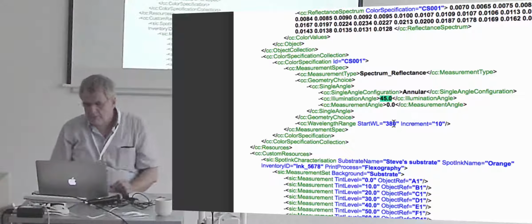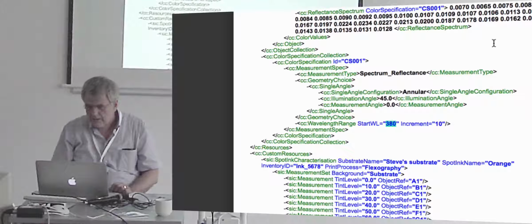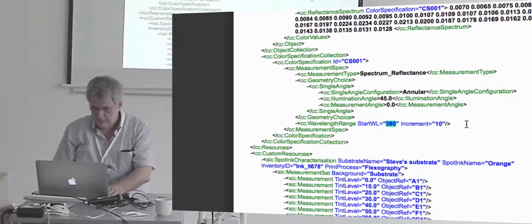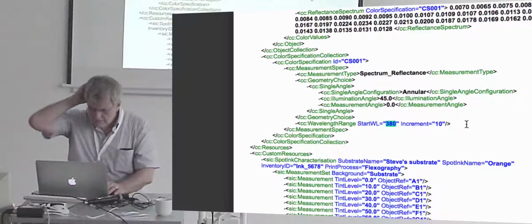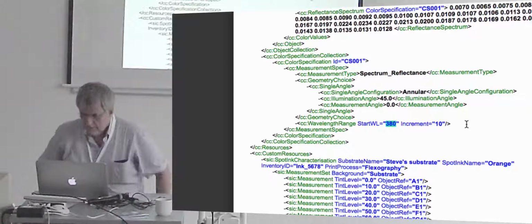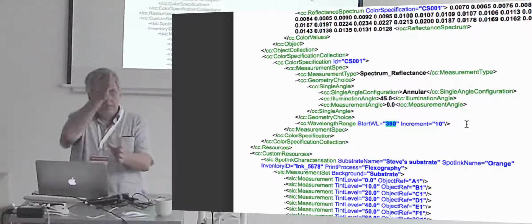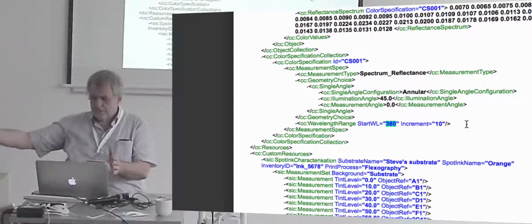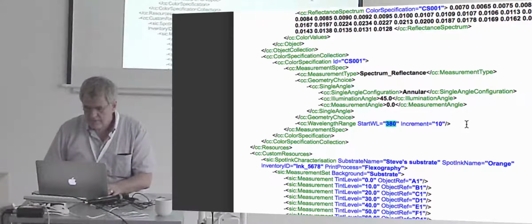And you start at a wavelength of 380 nanometers in 10 nanometer increments. And the upper level, I think, is predefined, or there's a default one. It's around 660, I guess. So in 10 nanometer increments, you go from 380 all the way to 660, and you get that number of measurements.